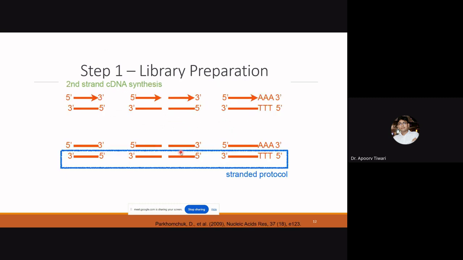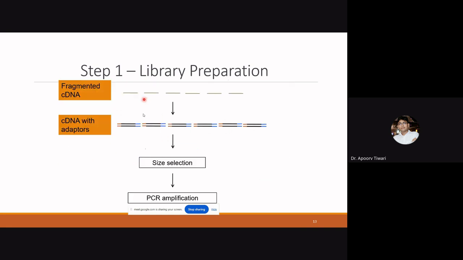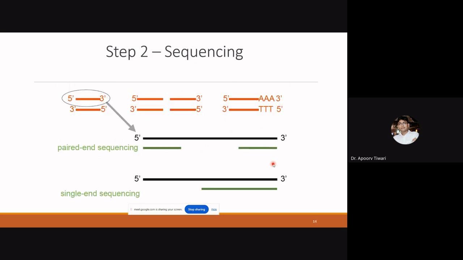In this way, we can synthesize double stranded cDNA, and then ligate the adapters to the cDNA, then do size selection and go for PCR amplification. These are the wet lab experiments performed, and after the preparation of the sample, we go for sequencing.